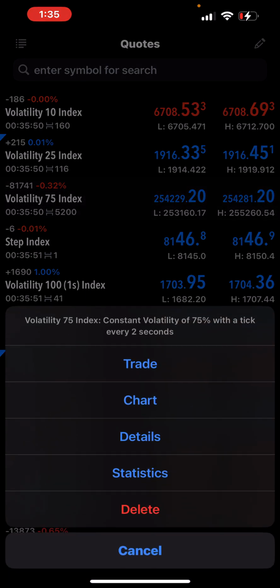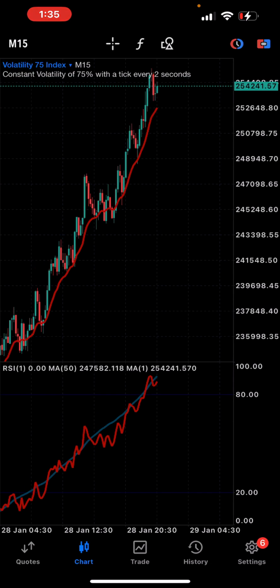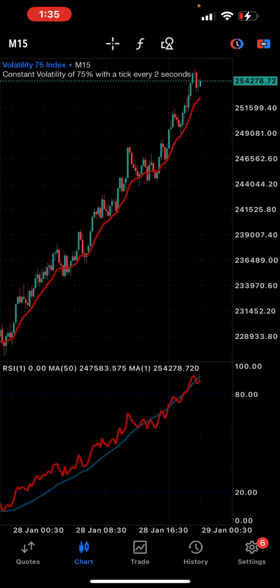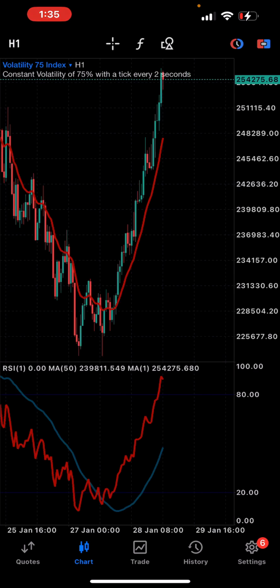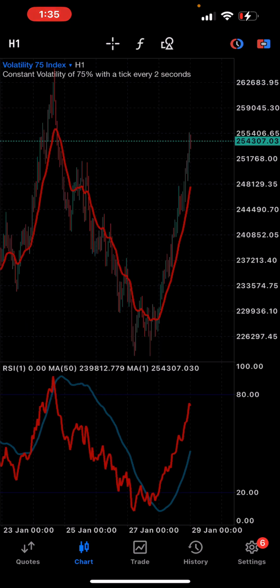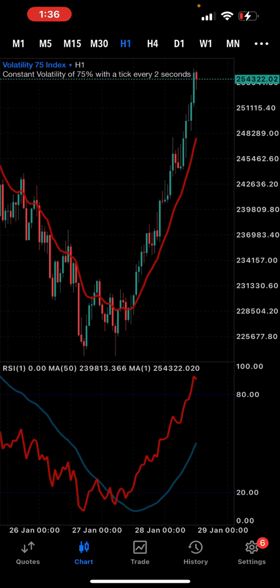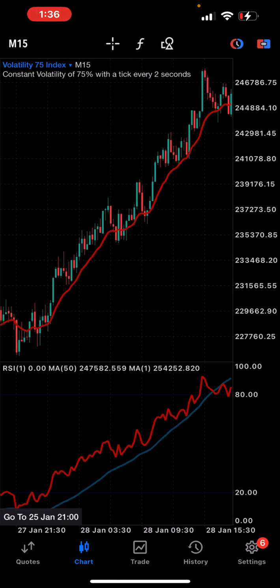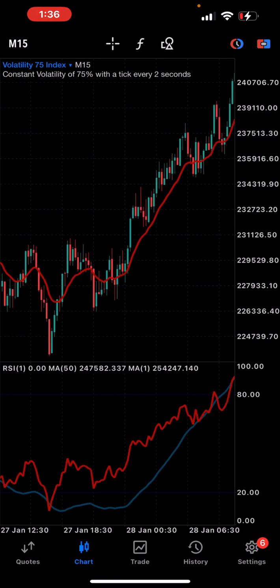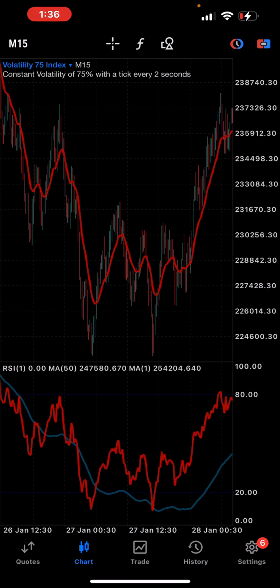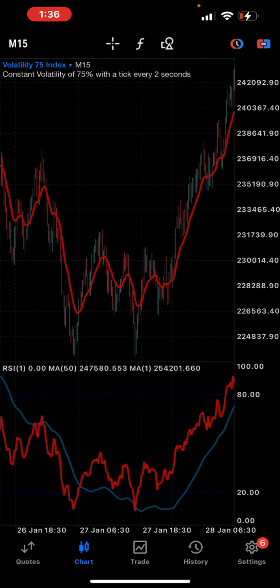So now let's look at some examples, guys, before we end. You can clearly see even on the VIX 75 that this strategy will absolutely work. So how would you have gotten your entry? First, you don't try to rush.